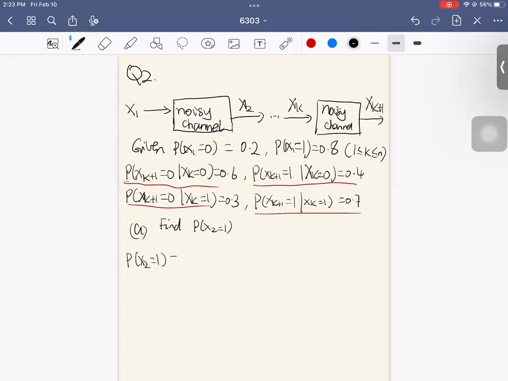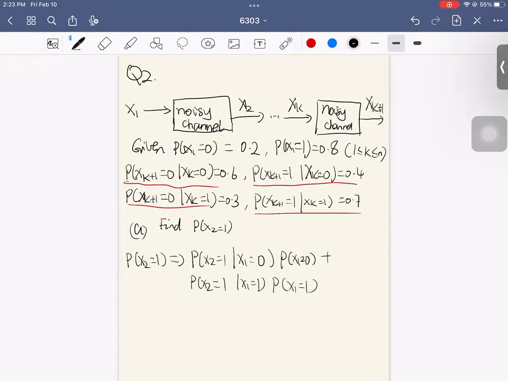The first one is when x1 is 0 and x2 is 1, and we can have this equation in here. And the second case is when x1 equals 1. Then we have this equation here.